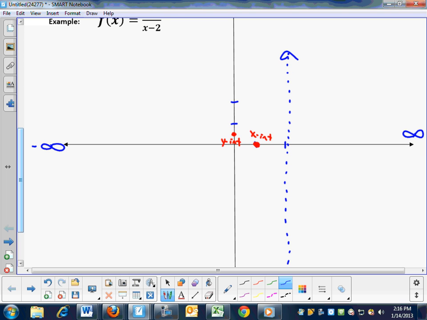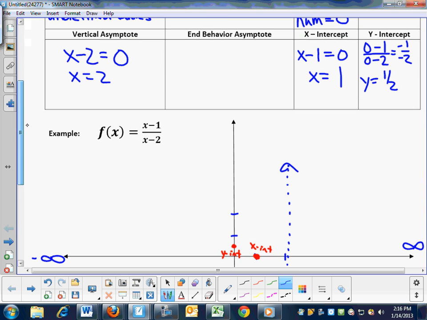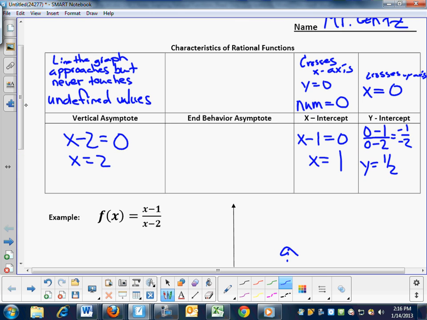Now, the way that I find out what it looks like, well, first of all, let's just write that. End behavior is what the graph wants to be. So for most values, it wants to look like this.